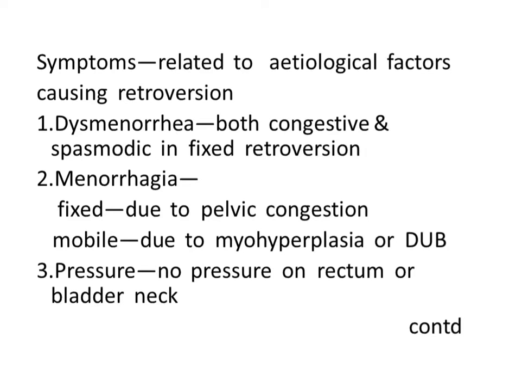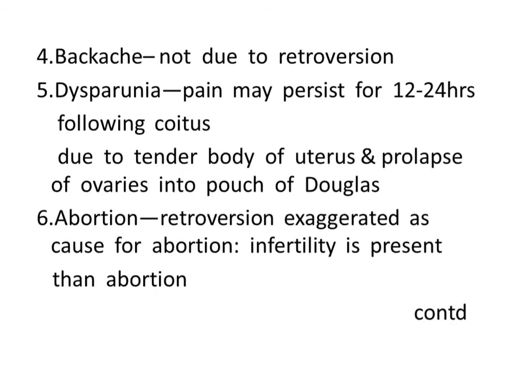But if there are associated tumors, say a cervical fibroid or a fibroid in the anterior wall of the uterus presses on the urethra, then retention of urine may be there, or irritation of the base of the bladder, increased frequency may be there. So only if there is associated disease, pressure symptoms will be there.